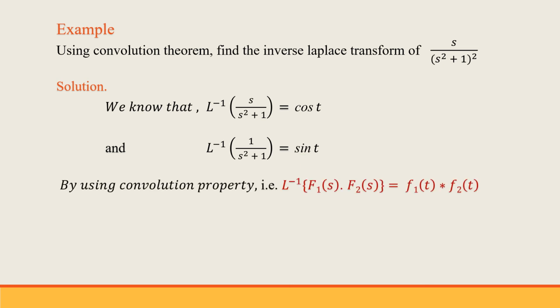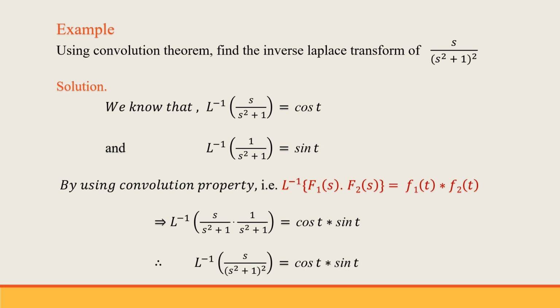So, by using convolution theorem of Laplace transform, we can write Laplace inverse of s by s square plus 1 into 1 by s square plus 1 equal to convolution of cos t and sin t.